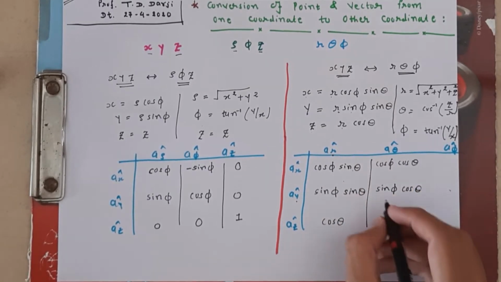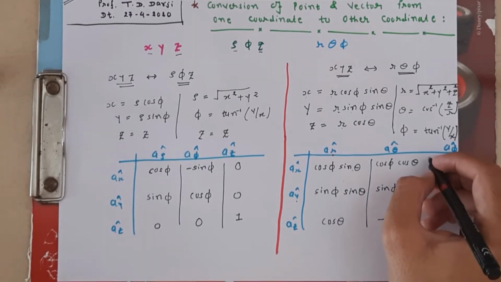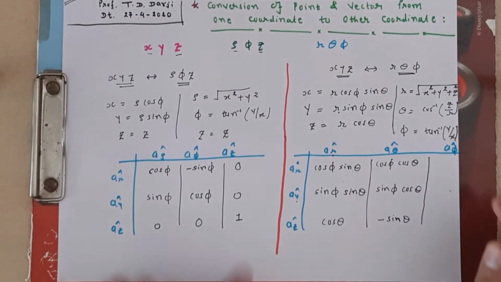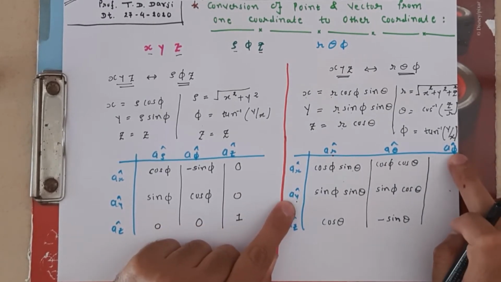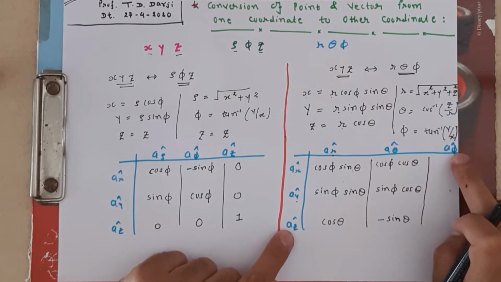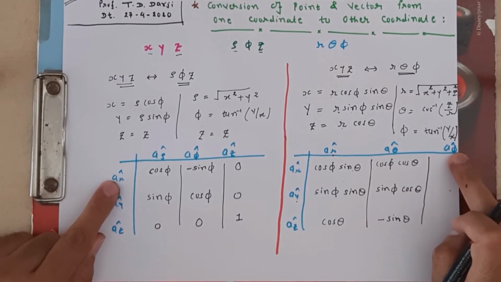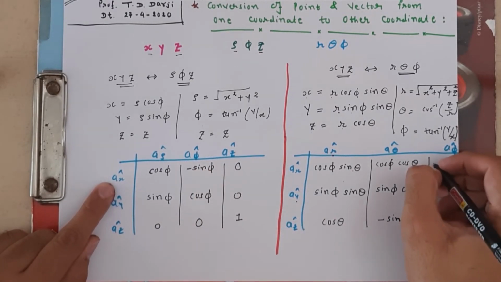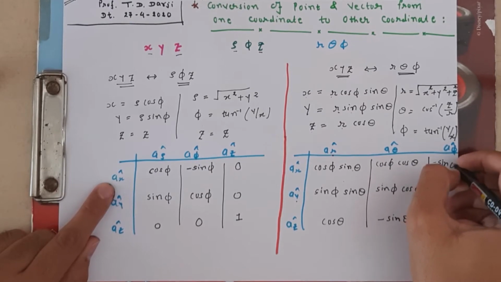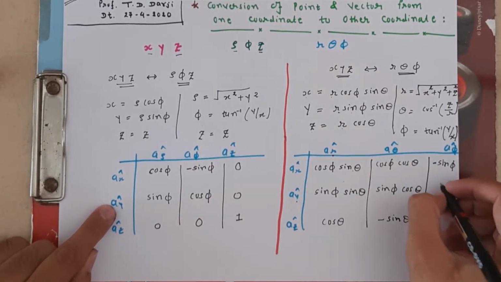And for the last term, differentiating cos theta with theta gives minus sin theta. The last column is ax with a phi, ay with a phi, az with a phi. So ax with a phi, the answer is minus sin phi. Ay with a phi, the answer is cos phi.